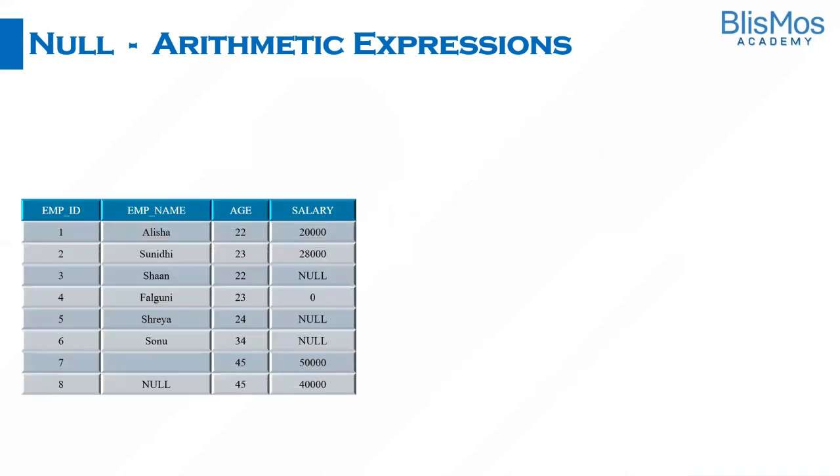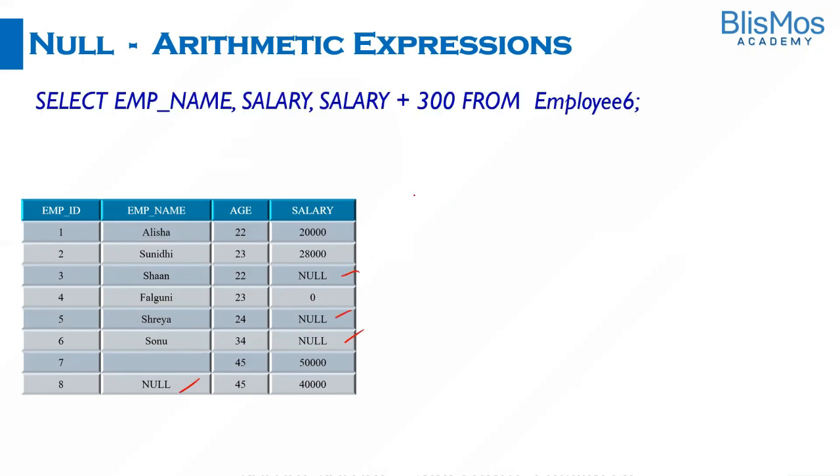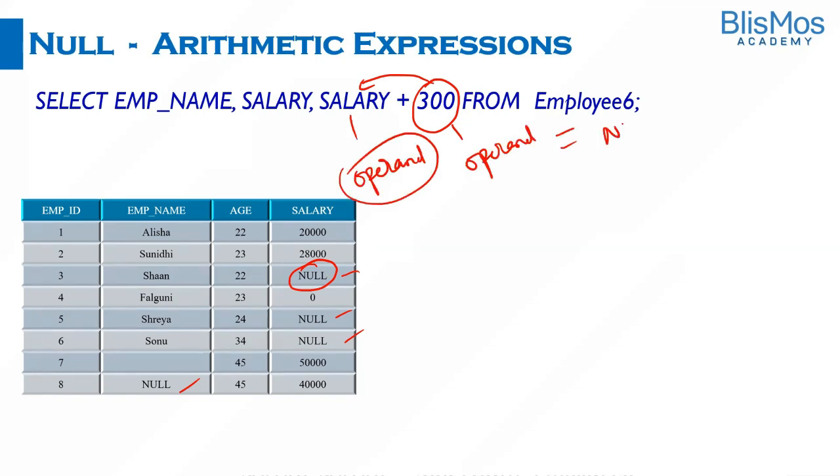This is an employee table and we do have some null values here, here, here and here. Let us say we want to add $300 or rupees to a salary. How does it behave? In this case, some of the salaries are null and we are adding 300 to that. So we are talking about this as an operand. If any one of the operands is null, the result is null.